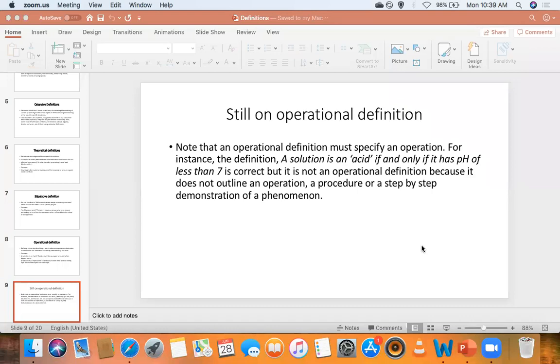An operational definition must specify an operation. The definition a solution is an acid if and only if it has a pH of less than 7 looks like an operational definition, but it is not, because what it is outlining is not an operation, it's a condition.